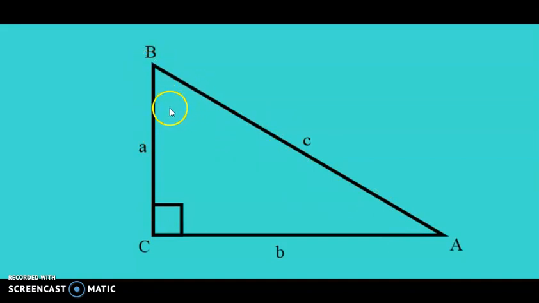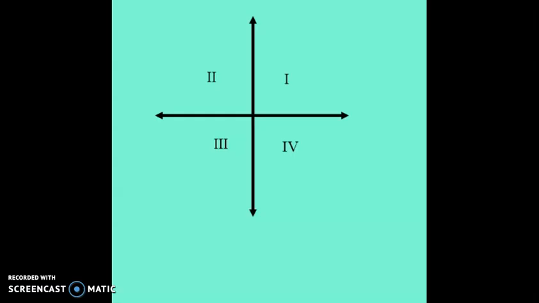Opposite angle B will be the side small b. Opposite angle C will be the side small c. So at this point, we all should be familiar with our different quadrants. Quadrant 1, quadrant 2, quadrant 3, quadrant 4 in an anti-clockwise direction.